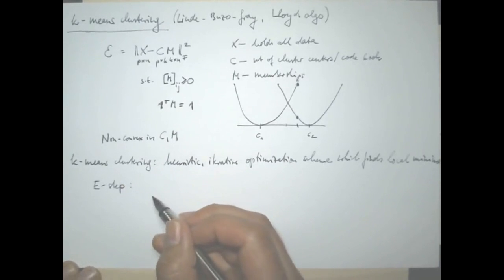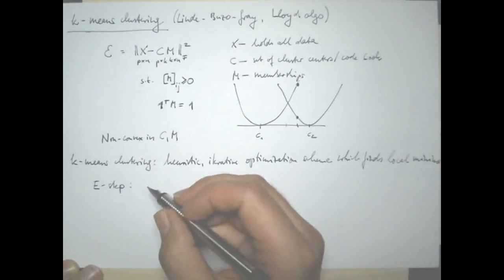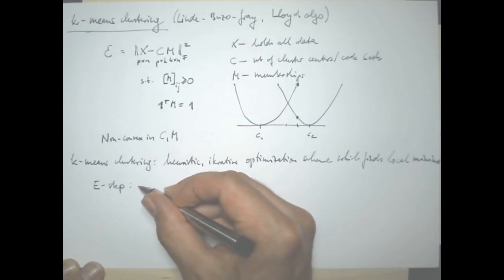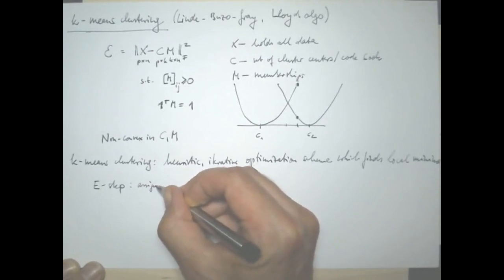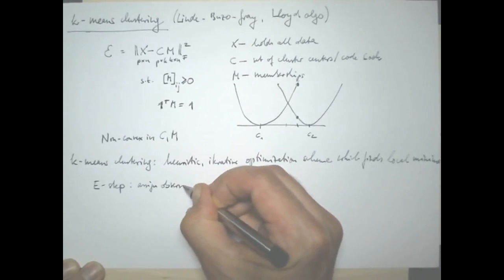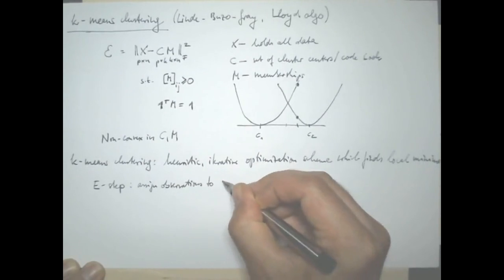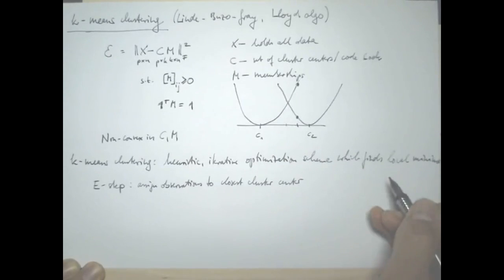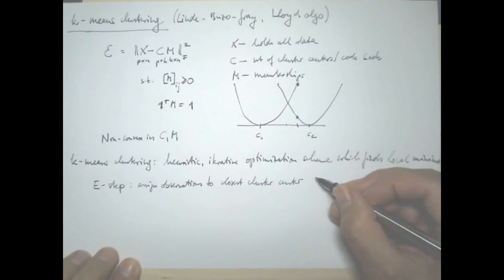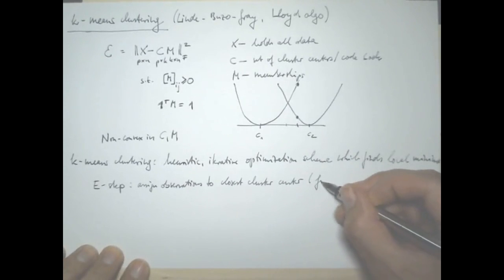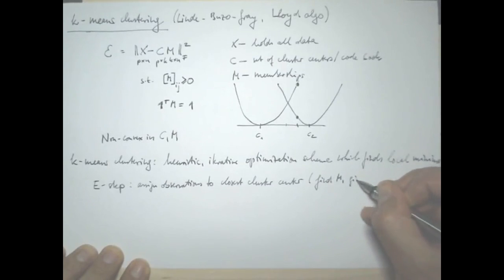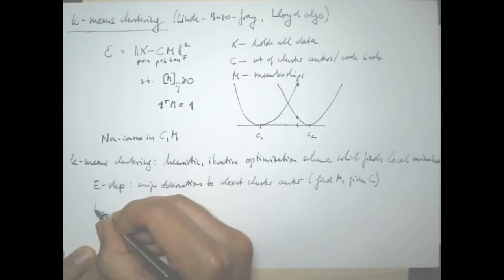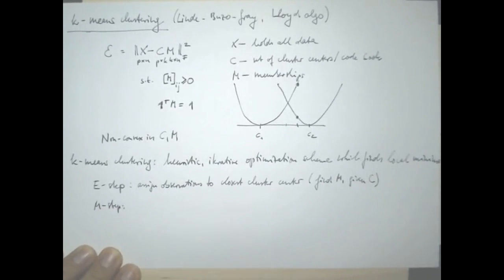In the E step, it assigns all observations to the closest cluster center. So this means find M given C. And in the M step, given these new memberships, it updates the cluster centers to minimize the energy.